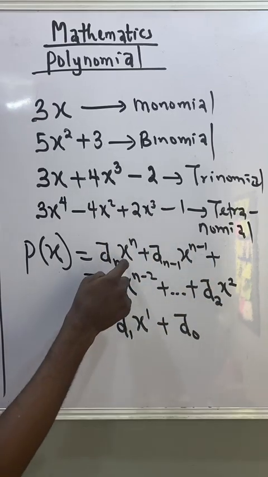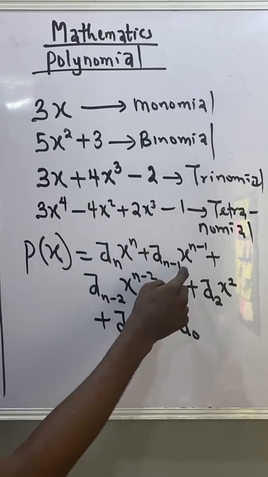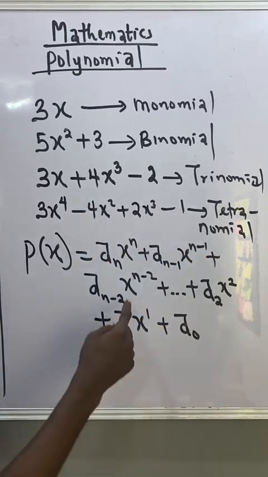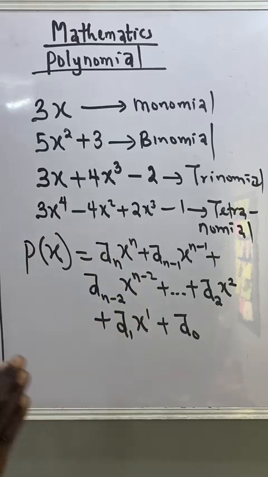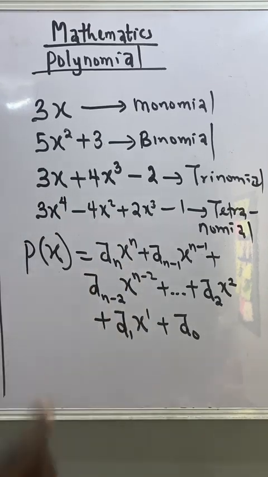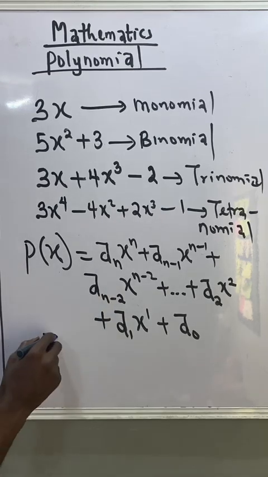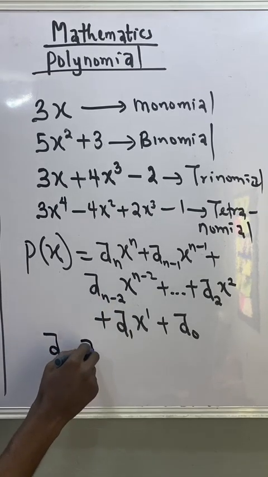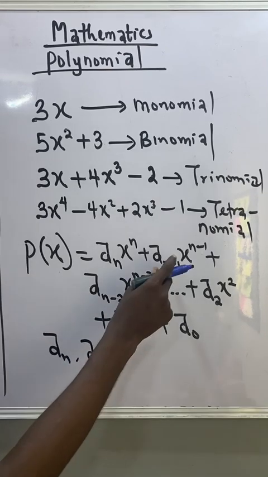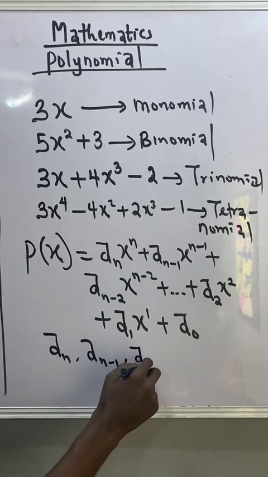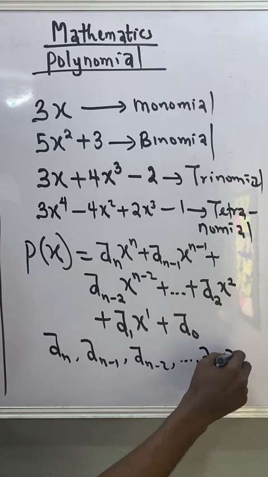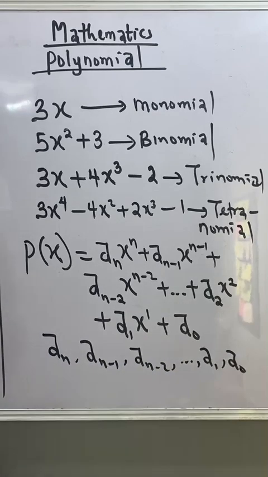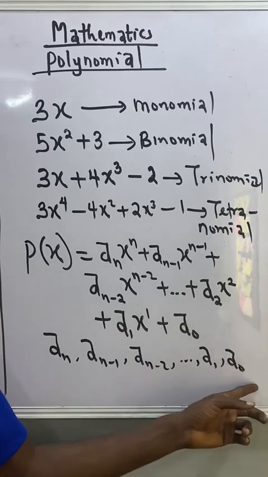You can see that x raised to power n, x raised to power n minus 1, x raised to power n minus 2, x is the variable here. That's the unknown letter that we are finding. But a_n, a_(n-1), a_(n-2), and so on till we get to a_1 and a_0, all of these are called coefficients.